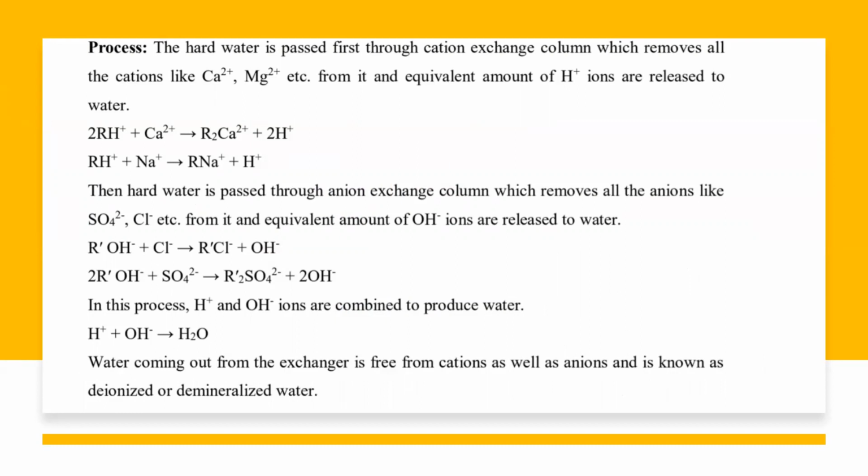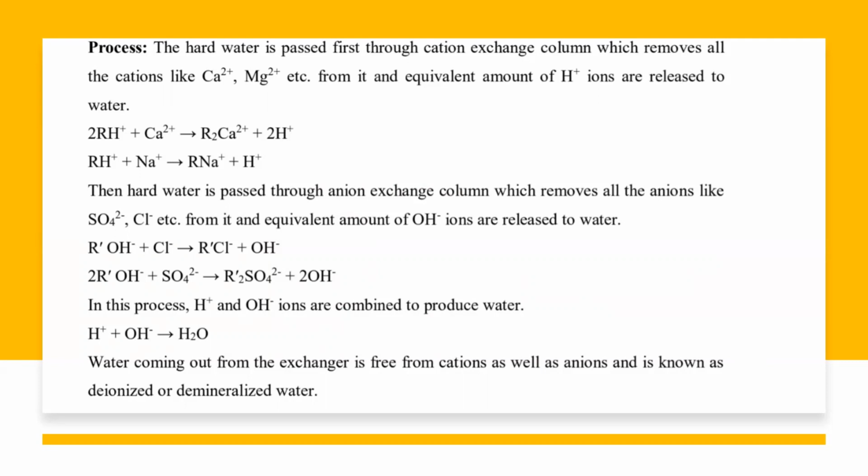This removes all cations like calcium, magnesium, sodium, etc. from it, and an equivalent amount of hydrogen ions are released to the water. The reactions are as follows: 2RH+ + Ca2+ giving R2Ca2+ + 2H+, and RH+ + Na+ giving RNa + H+.